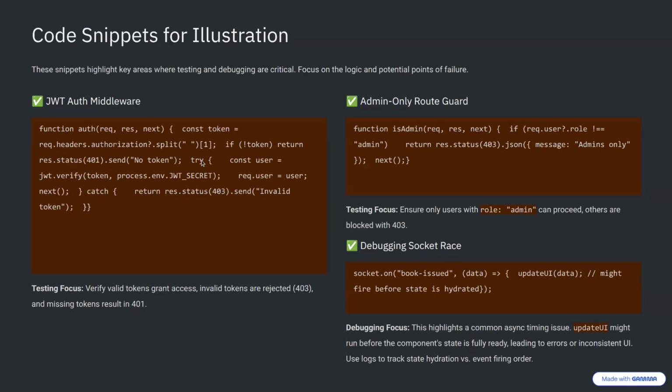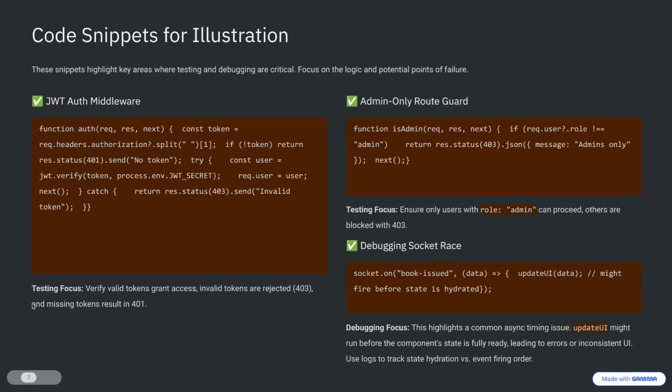We have a try catch block here whereby we verify that token. How do we verify? We just do jwt verify and so on. You see? But you're going to see later why the testing focus is supposed to be angled there. Then we set request user, then we go to next. For the catch, we just return that.